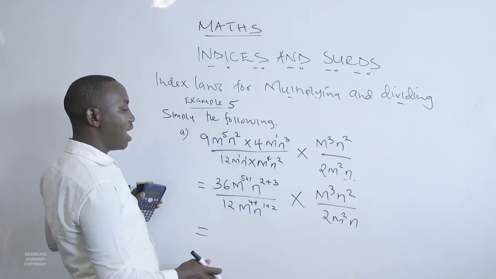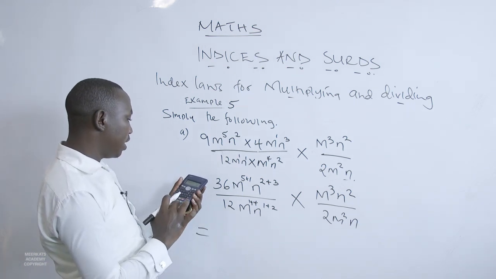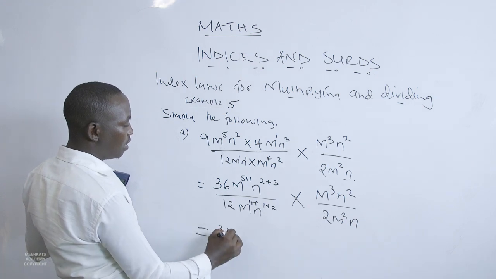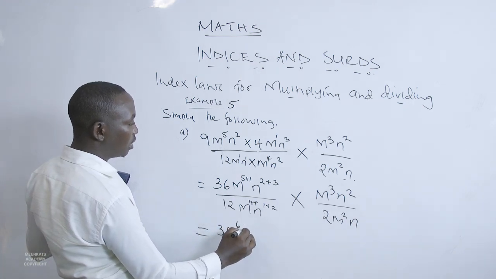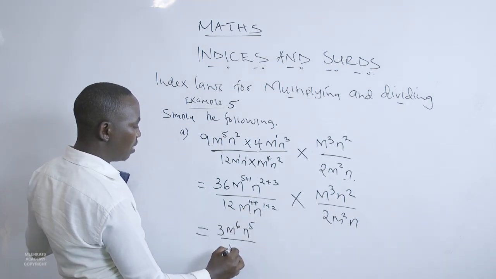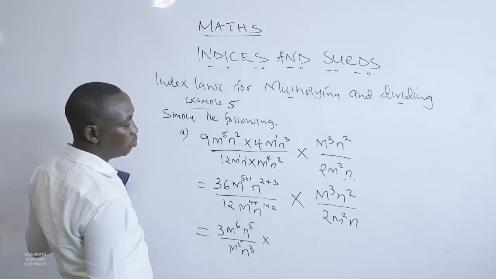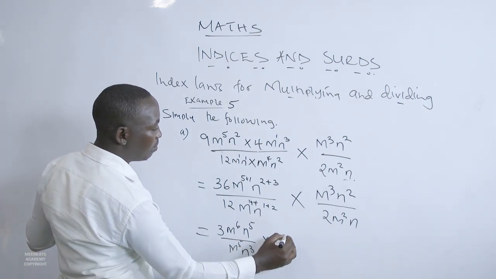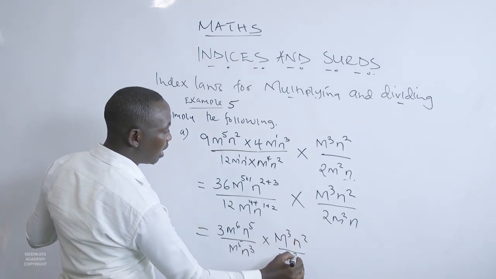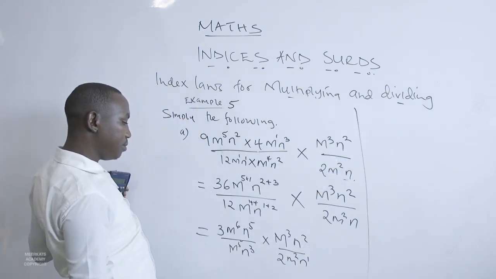So when we simplify this first part, 36 divided by 12 is going to give us 3. So we shall have 3, then m raised to 6, n raised to 5 all over m raised to 5, n raised to 3. This multiplied by m raised to 3, n raised to 2 all over 2m squared, that's like n raised to 1.